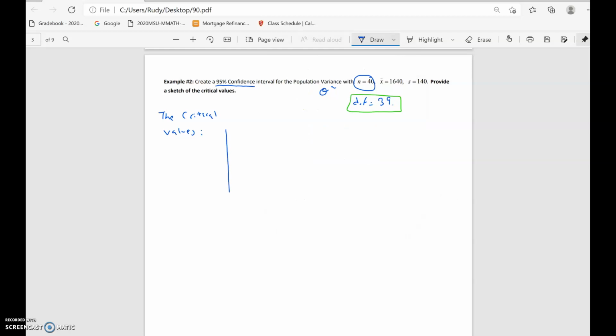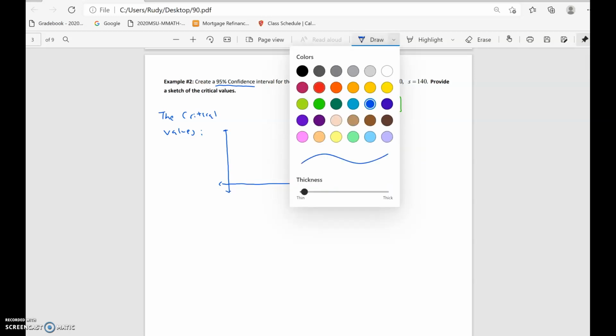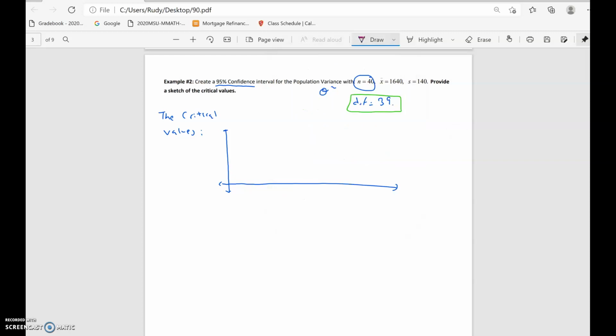Now your sketches don't have to be accurate in terms of what the distribution looks like, but for this particular one, because the degree of freedom is large, our actual curve here is going to look approximately bell-shaped, but it doesn't have to be to scale.